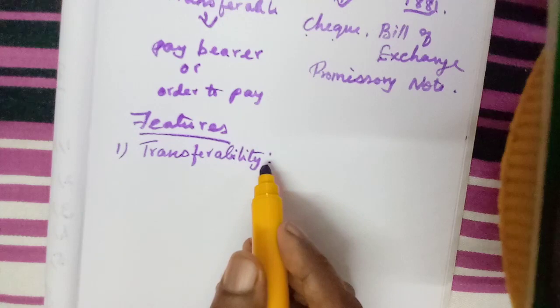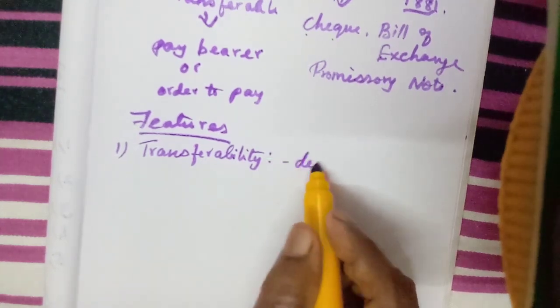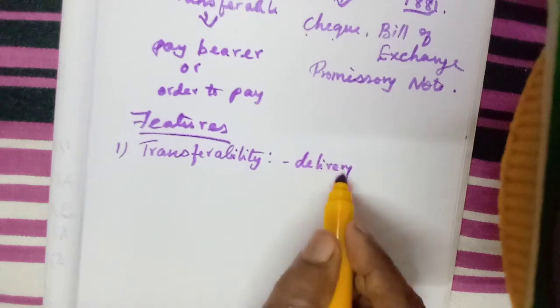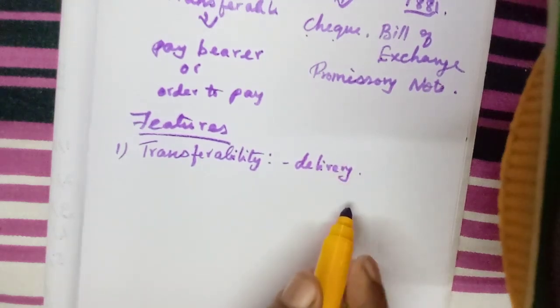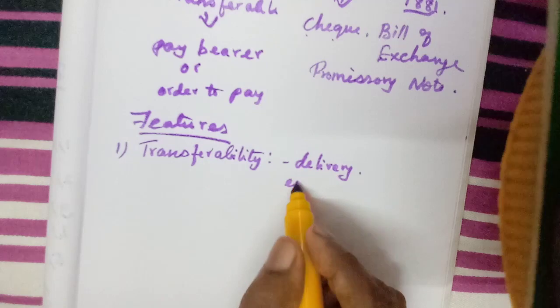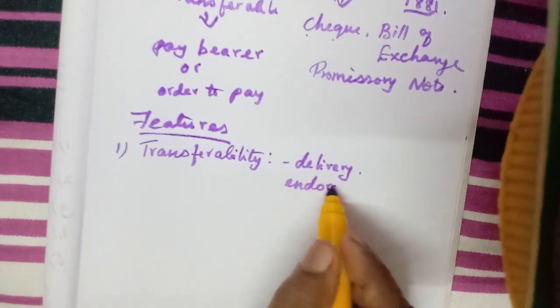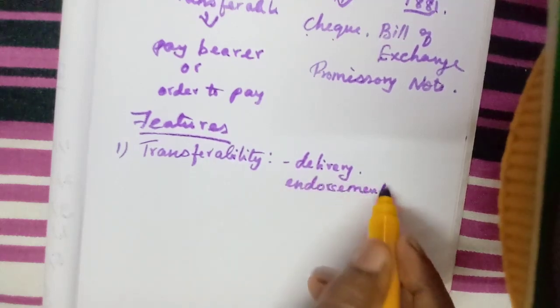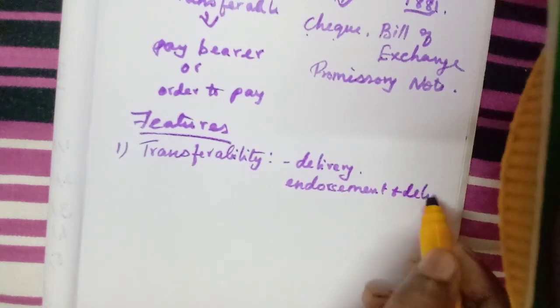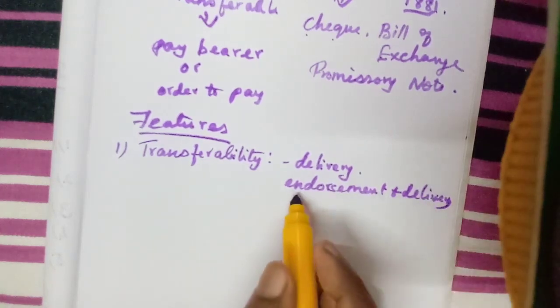So if I write a check and give it to a person, that means by delivery I am transferring the ownership, or by endorsement and delivery.